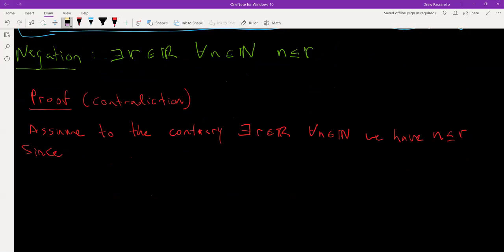that means the natural numbers are bounded above.